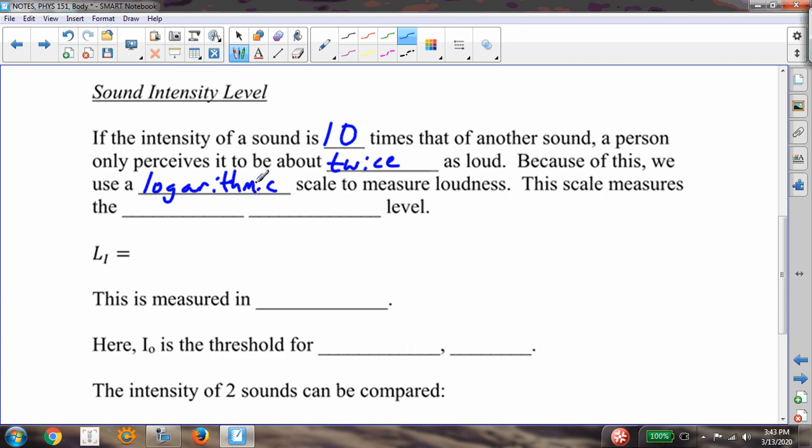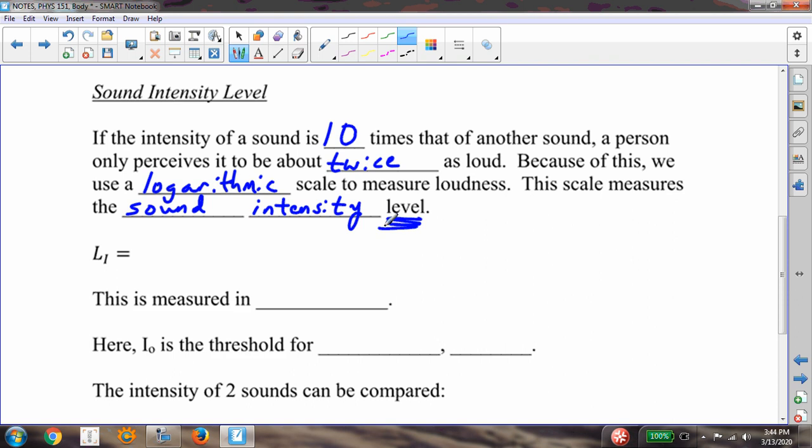To measure loudness. And this scale measures the sound intensity level. This is different from the intensity of sound. It still has the word intensity in it, but you'll also be looking for this word, level. And that'll tell you that you're now dealing with this unit that's measured in decibels.